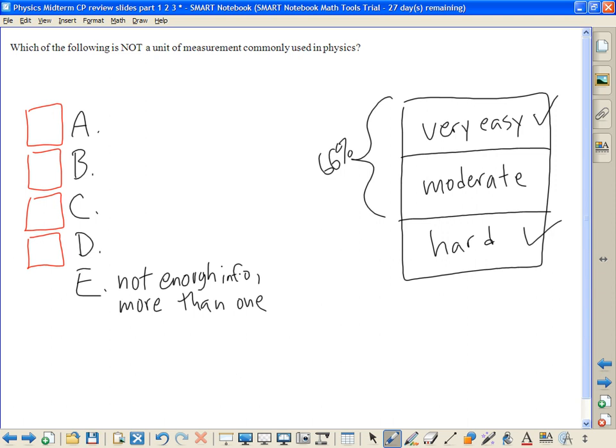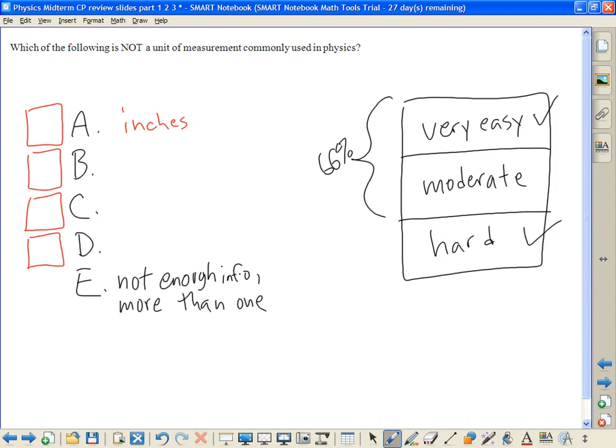So if you are faced with, let's see, what's a unit of measurement not commonly used in physics? That is certainly, you've been yelled at enough for using inches instead of centimeters.